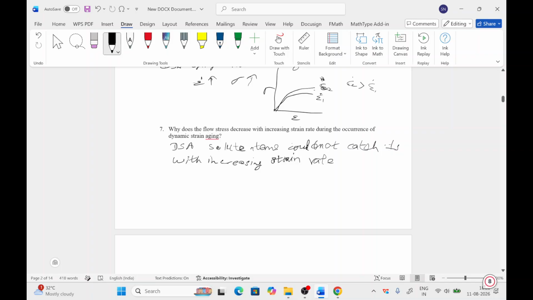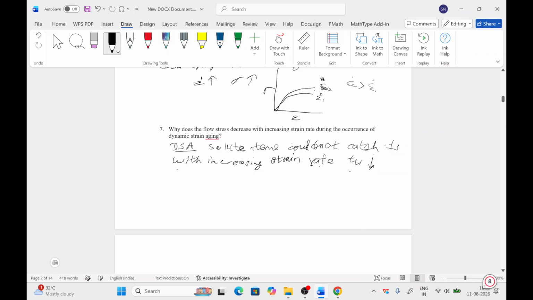With increasing strain rate, the solute atoms could not catch the dislocations because the waiting time is decreased. So the solute atoms could not diffuse to the dislocation and catch them to stop the dislocation motion.